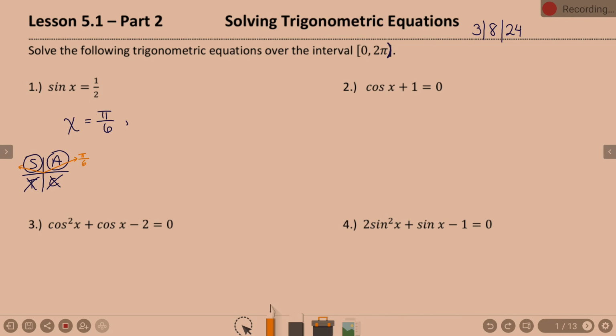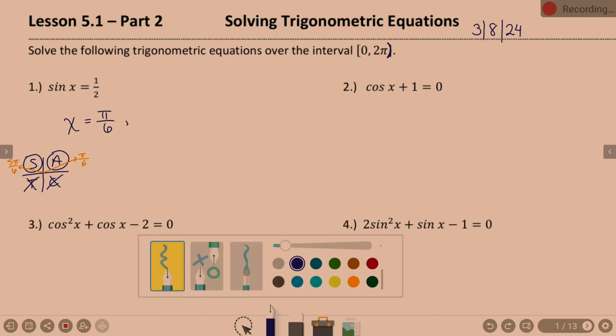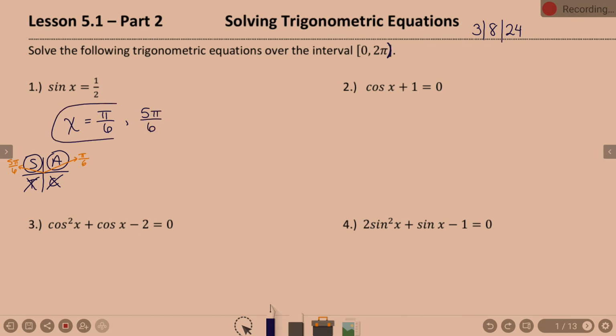We're talking reference angles here. And what's that other angle? 5 pi over 6. So my solutions here are pi over 6 and 5 pi over 6.